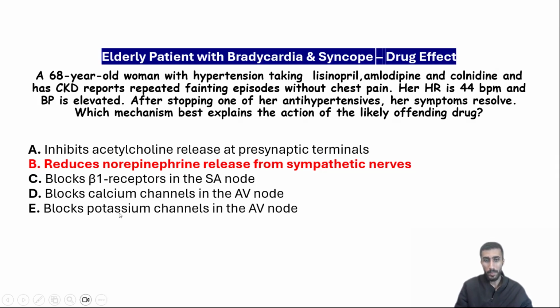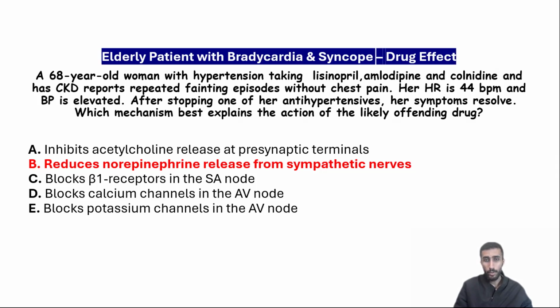The blockage of the potassium channels, the last choice, is also wrong. This refers to the mechanism of action of class 3 antiarrhythmic drugs. Dofetilide, for example, is a class 3 antiarrhythmic drug that is gonna interrupt the repolarization in phase 3 of the cardiac action potential. By this way, it's gonna increase the QT interval.